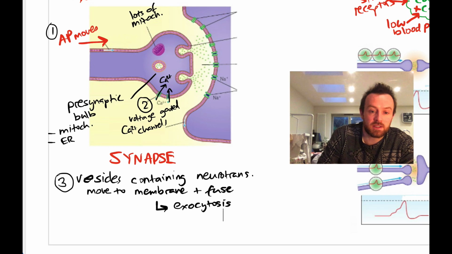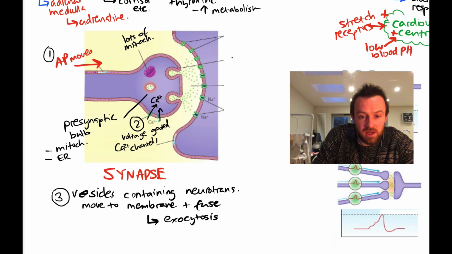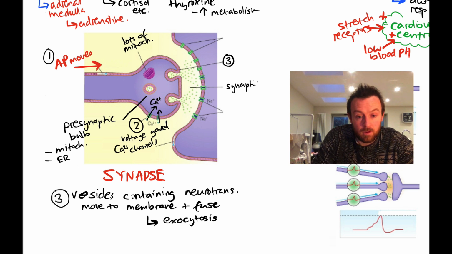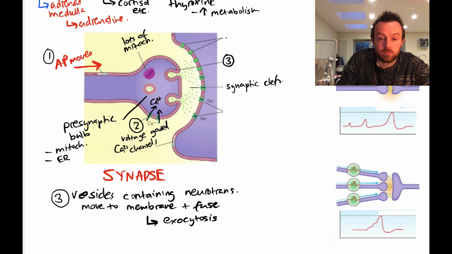So zooming in a little bit more. That's point 3, which I've written underneath. So now we have neurotransmitter released into the synaptic cleft. That's what this is called. This is the synaptic cleft. And in the synaptic cleft here are sodium channels.